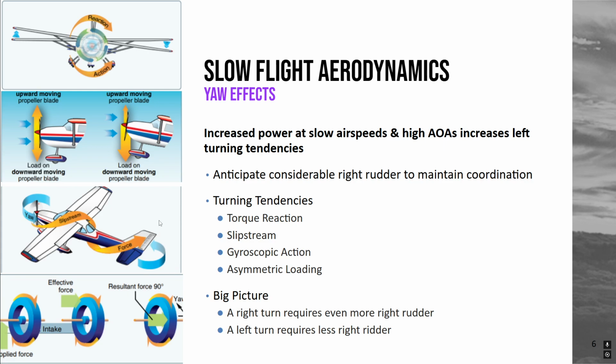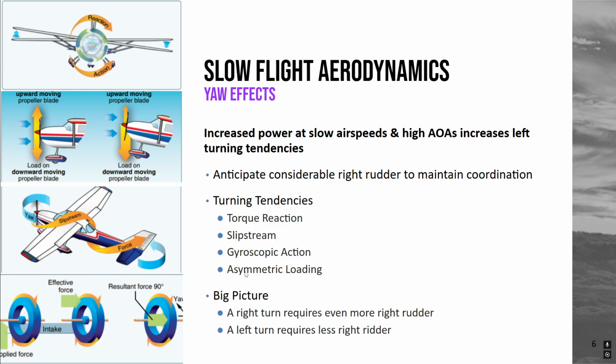All right, slow flight aerodynamics, we're talking about some yaw effects. So these are our left turning tendencies. When we operate in slow flight, we're operating at a higher power setting, which means we'll be running into more torque reaction. And we're also operating at a high angle of attack. So our asymmetric loading, or P factor, left turning tendency will be noticeable.